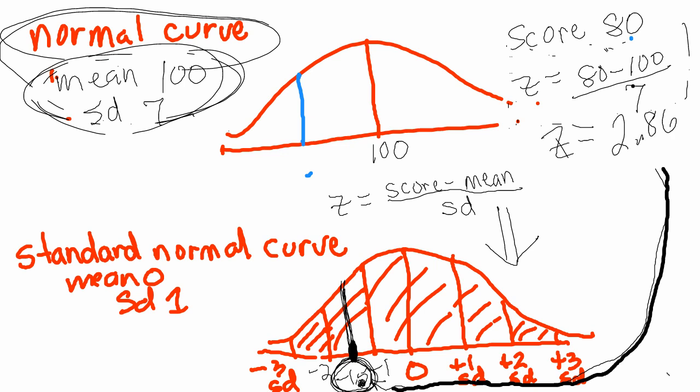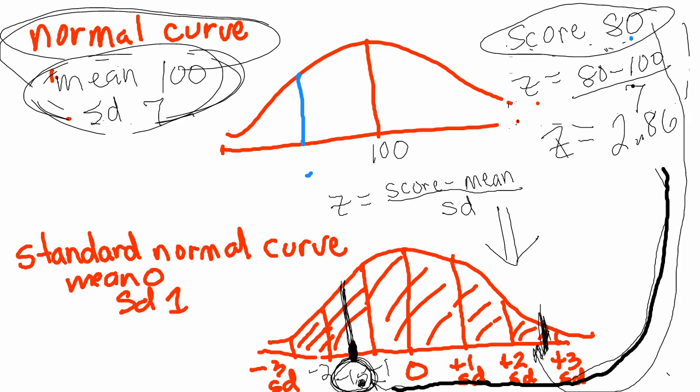So what it did was it took this score from a different normal curve and put that score right over here. 2.86 is between 2 and 3. So we standardized it, and now we can compare the two. Let's say there are two tests. We can compare where those two scores lie on the standard normal curve, where before we couldn't compare the two.